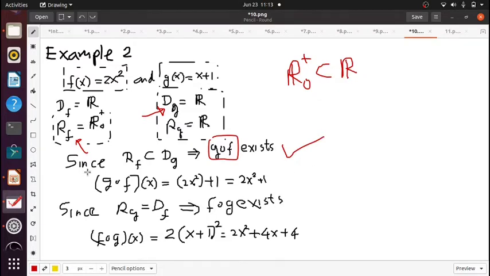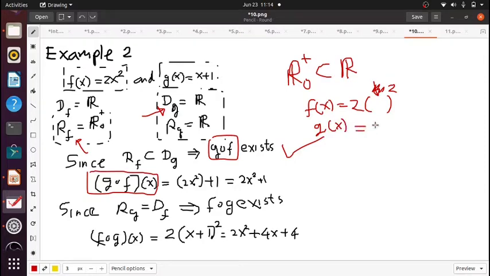Now how do you find g by f? g by f is written as this. The argument or the input of the function f of x will be x here, and this will be the input squared. What about g of x?